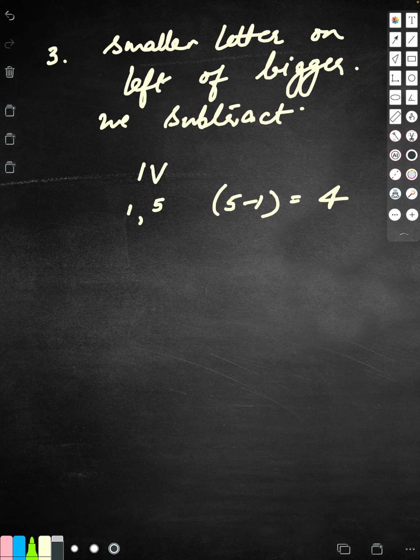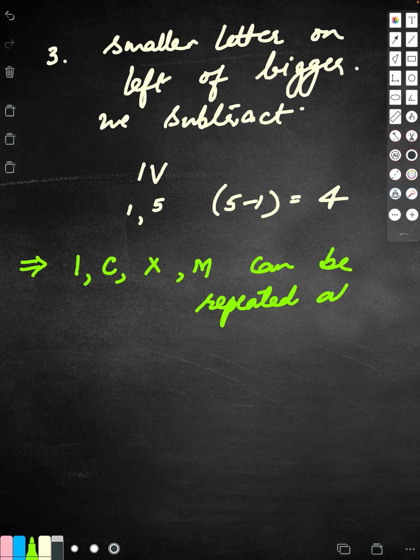I will tell you few more things which you have to learn for the Roman numbers. The letters I, C, X and M can be repeated at only one given time.